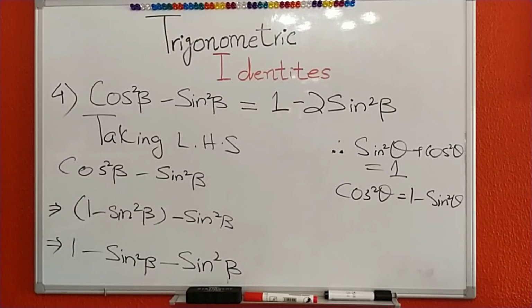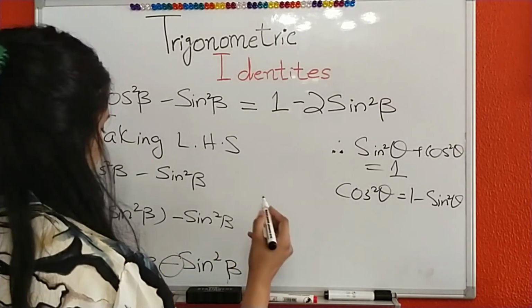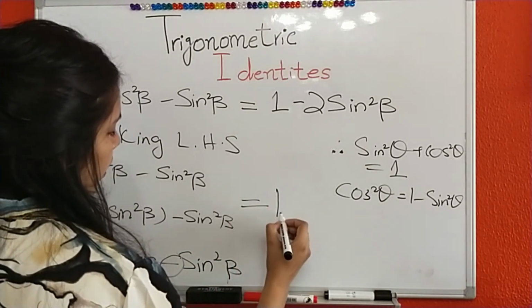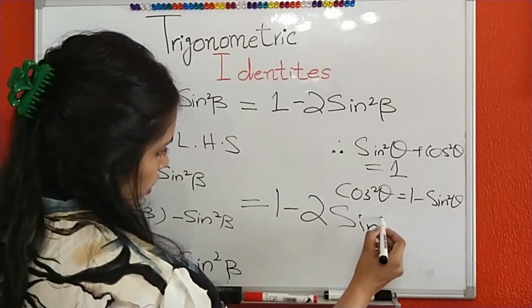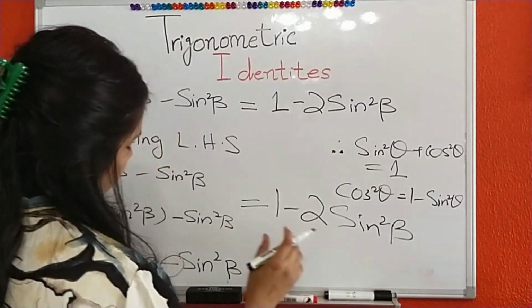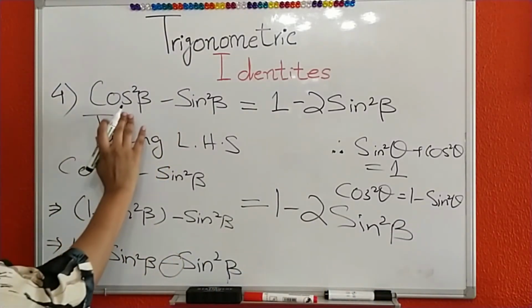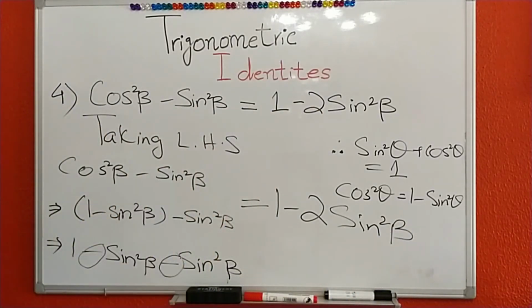So you can see these two signs are same, and in math or algebra, whenever you have two similar signs, you can easily add the values. So here I'm just putting 1 minus 2 sin²β. You can see I have easily converted this value into this value.